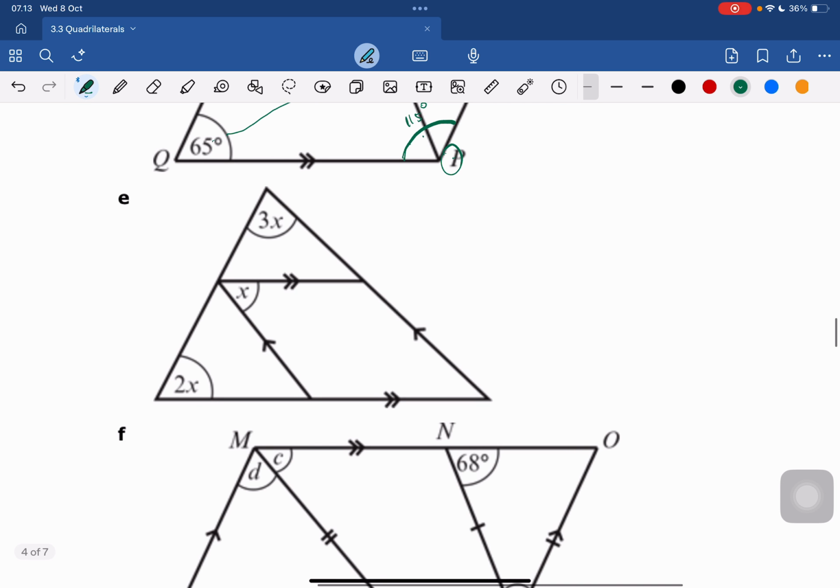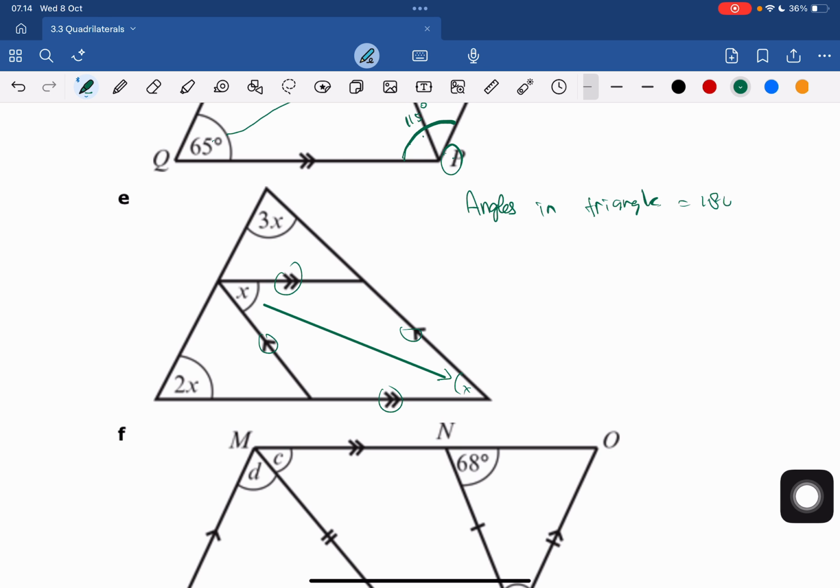E, look at that. This is a rhombus, so the opposite angles are equal. This is x. So the sum of angles in a triangle equals 180 degrees.